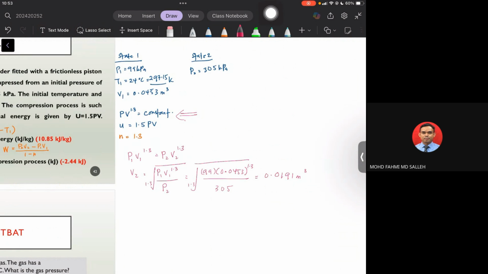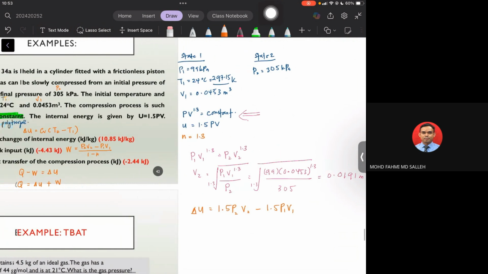So the change of the internal energy is given by 1.5 P2 V2 minus 1.5 P1 V1.